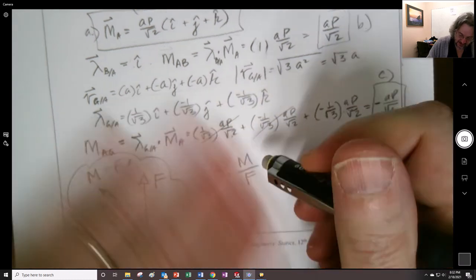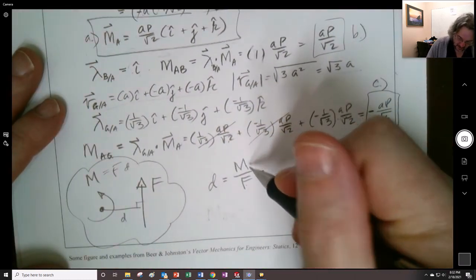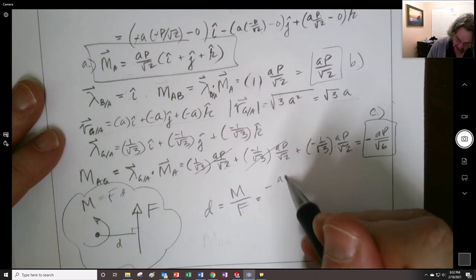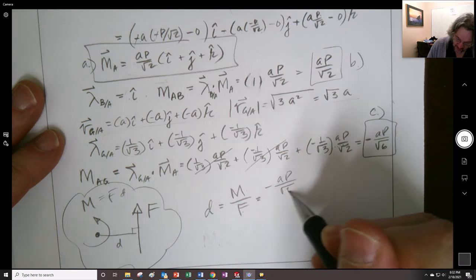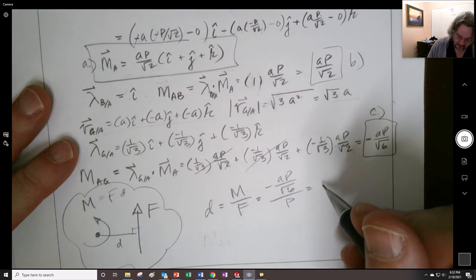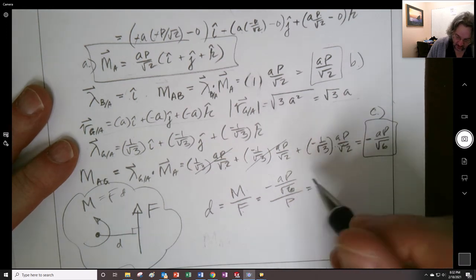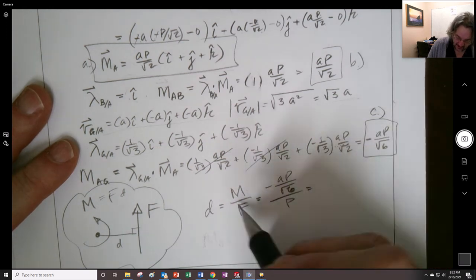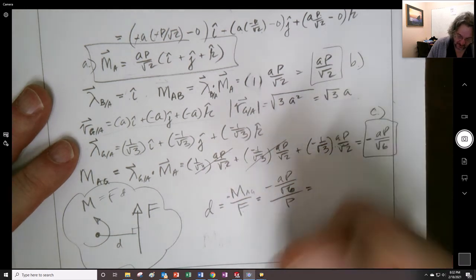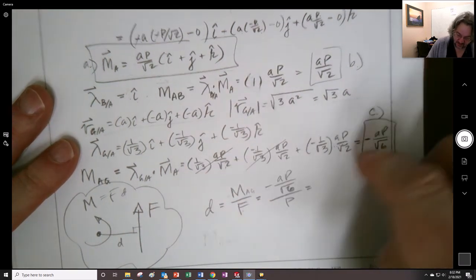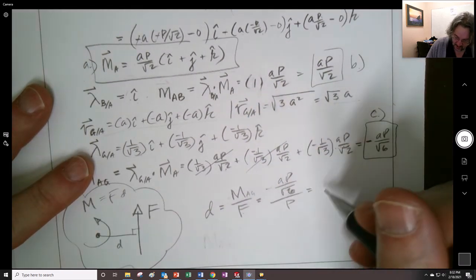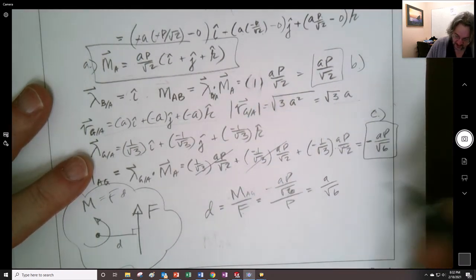So the distance ends up being negative AP over square root of 6 divided by P. They're also saying that this is going to be in the negative direction, so the moment is already negative. So we're just finding the distance right in there. All they're saying is A over the square root of 6.